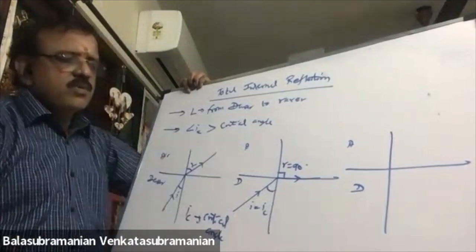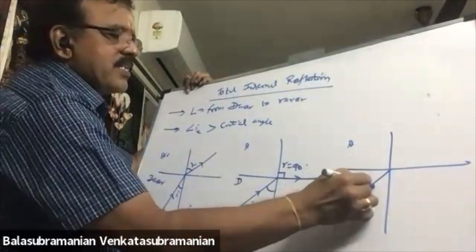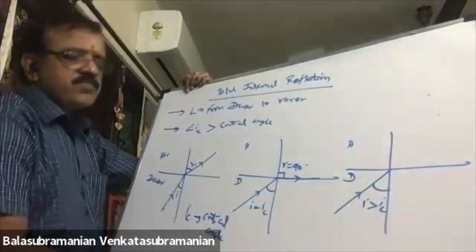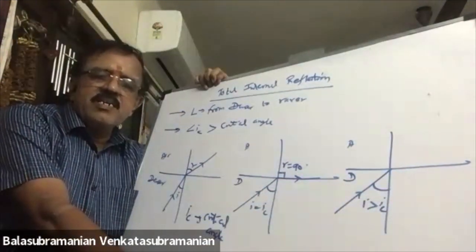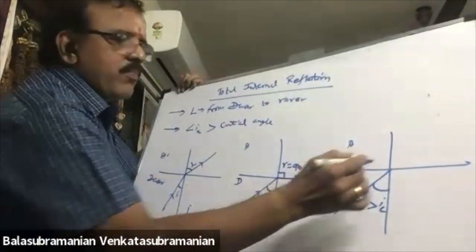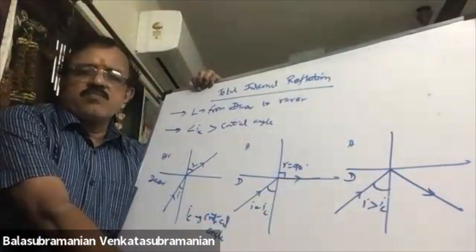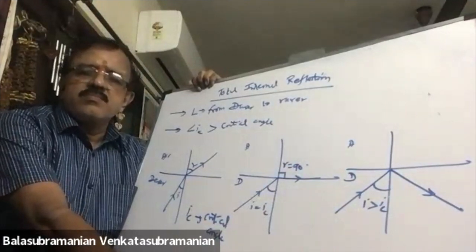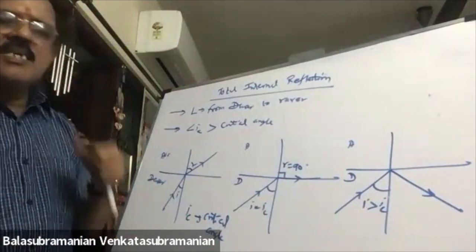Now, sir, I want to increase the angle so that I is greater than IC. When the incident light angle is greater than the critical angle, at that moment there is no refraction at all. The entire light will be reflected. There is no refraction concept here. Correct, Amma? Simple concept. Total internal reflection.